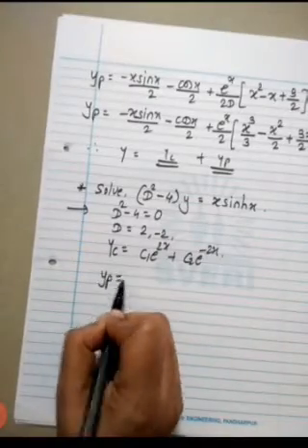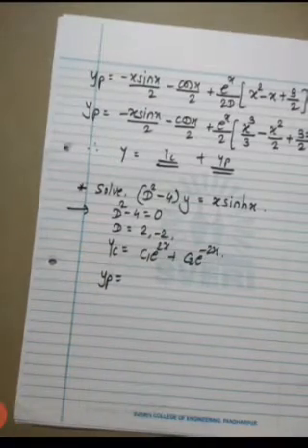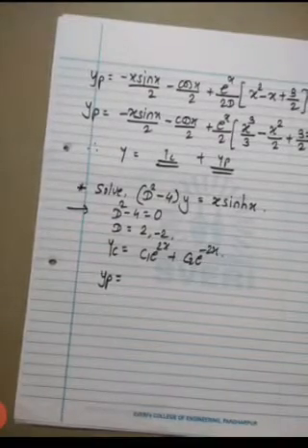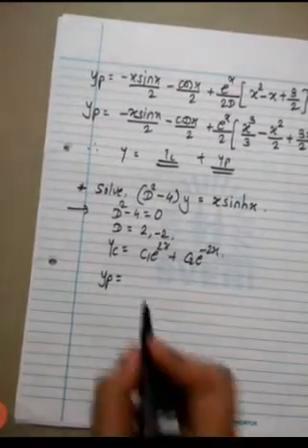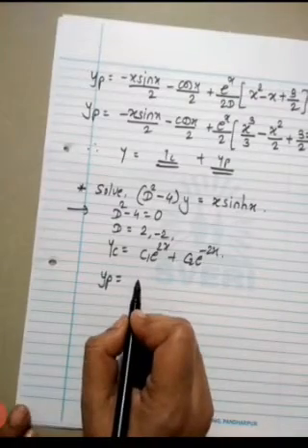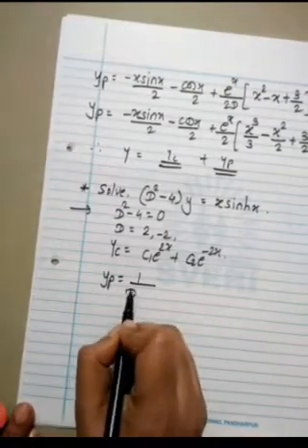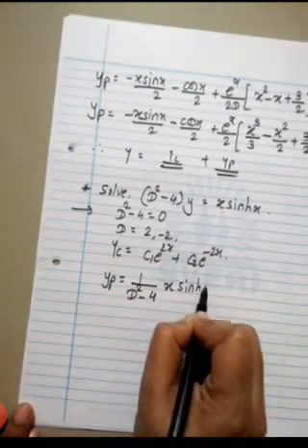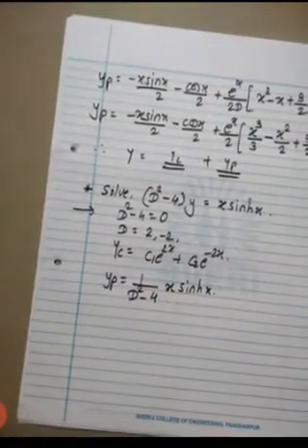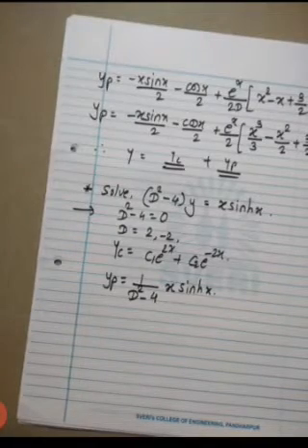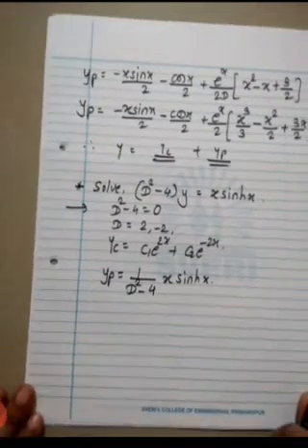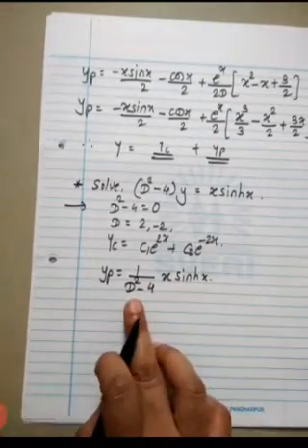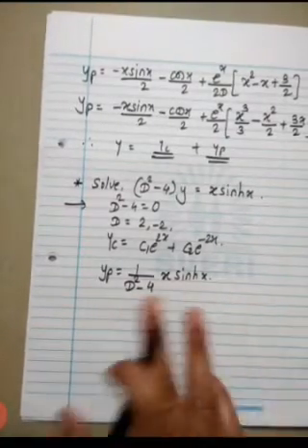Solve yp. Therefore, yp is 1 upon d square minus 4 x into sinh x. Can you check whether the xv rule is applicable or not? Yes, it is applicable. X and hyperbolic, so d square will be replaced here by 1 only. 1 minus 4 is not 0.